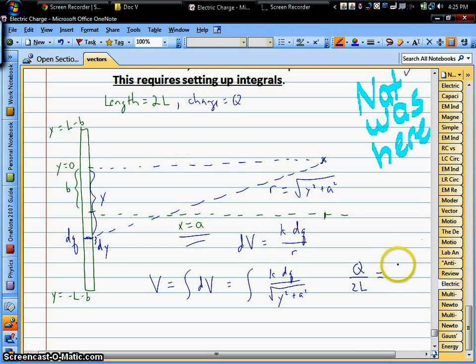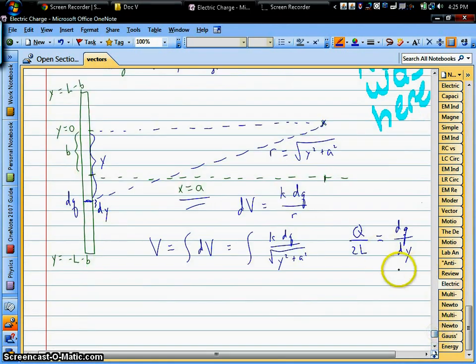That's a good calculus name for it. So this ratio, dq over dy, should be the same. Okay, that's also a constant if everything's uniform. So if we solve for dq, this is what we're going to substitute into our integral so we can solve it.